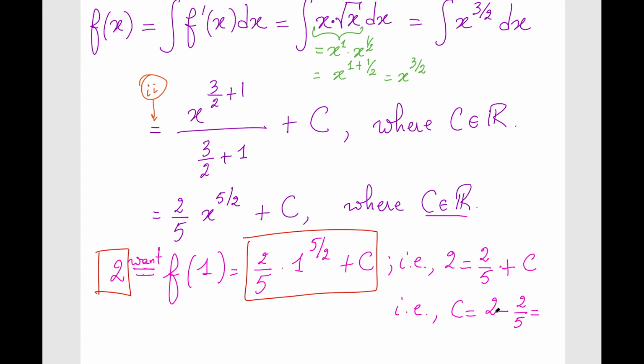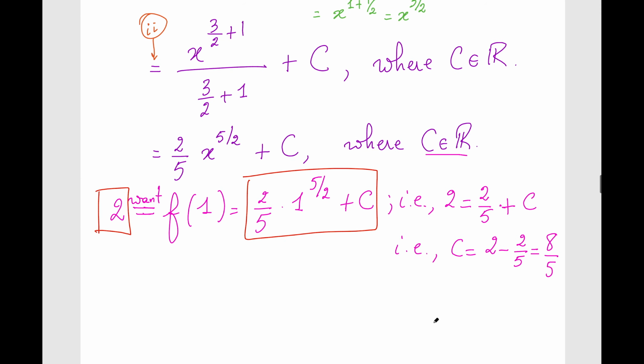If you use the same denominator, which is 5, it's going to be 10 minus 2, which is 8 over 5. Agree with me? So that's the c that's going to do the job.